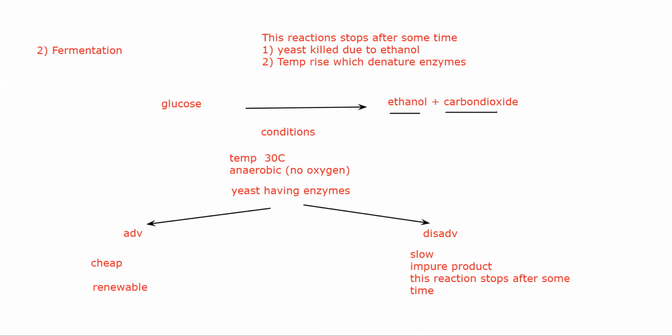Sir, why is it an impure product? Right, why is it an impure product? Because when you have about 30% of alcohol formed, then yeast cannot survive in the alcoholic medium. Like, say in the beginning you have a sugar solution.